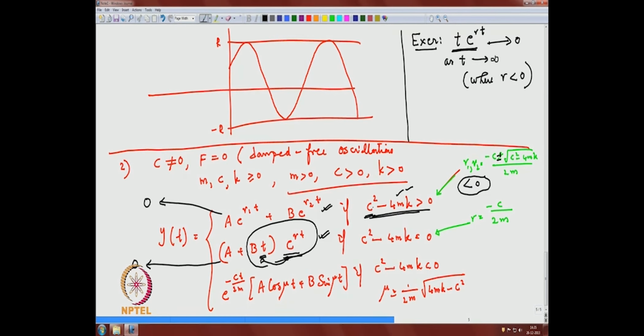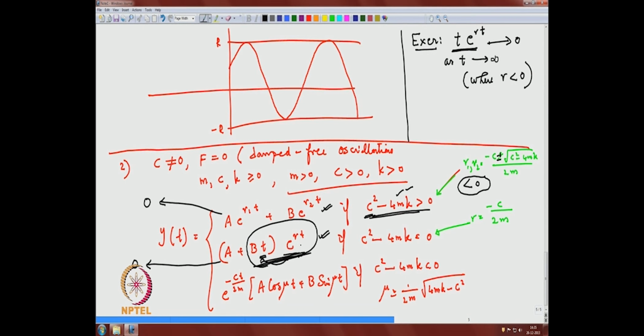So, when you want to make c square minus 4 m k positive, it means that you have to add more damping to the system, and if you reduce that damping you will reach a situation here. But even if you reduce the damping, this term still goes to 0, but in a slightly slower way, but still exponentially.